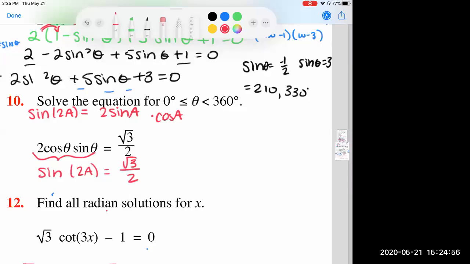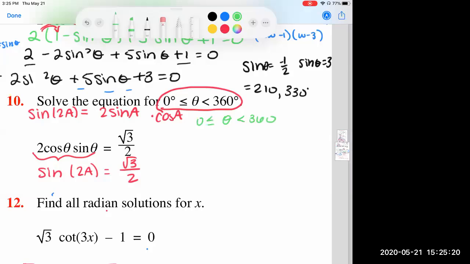And then from there, we have to work with another arg type of situation. All right, so we want to take 2A and change also our interval. All right, so I have 0 less than or equal to theta less than 360.